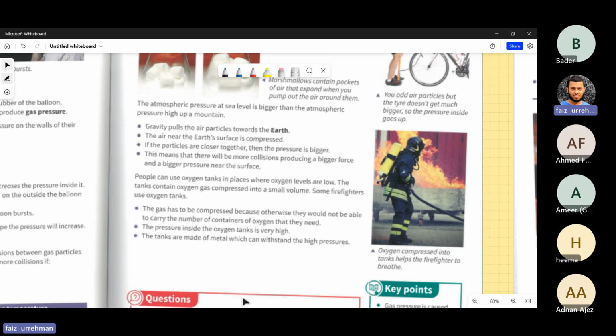For your safety, you carry oxygen tanks. If you feel short of oxygen, you use your oxygen tank. And why is it compressed? So that you can fill in a lot of oxygen. If you don't compress it, the quantity that you take is very less.